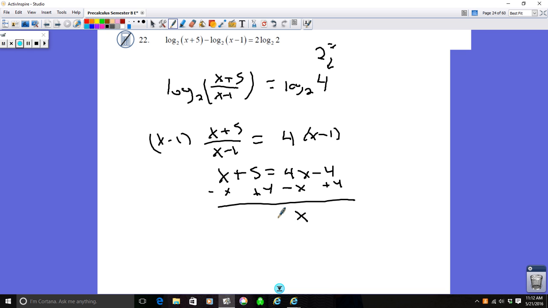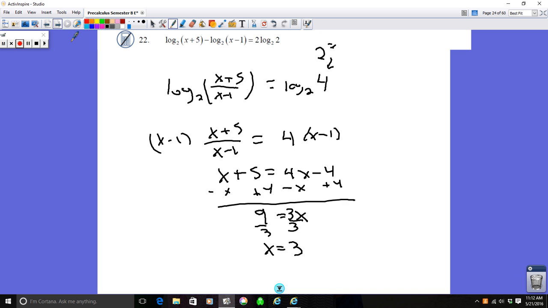And I get x equaling... I apologize, 3x equals 9. I knew something was wrong here. And divide by 3. x is equal to 3. And again, just double check to make sure you're not going to give yourself problems over here. This is going to be 8 over 2, which is a positive number, so we're good.